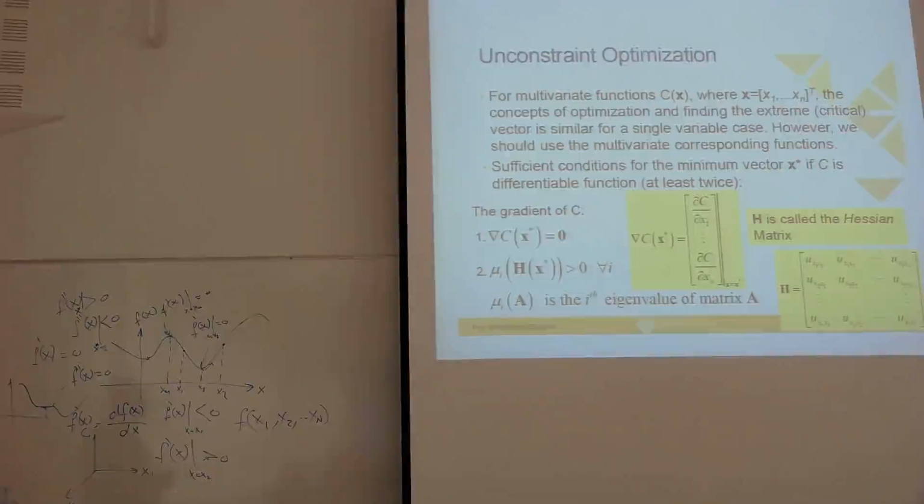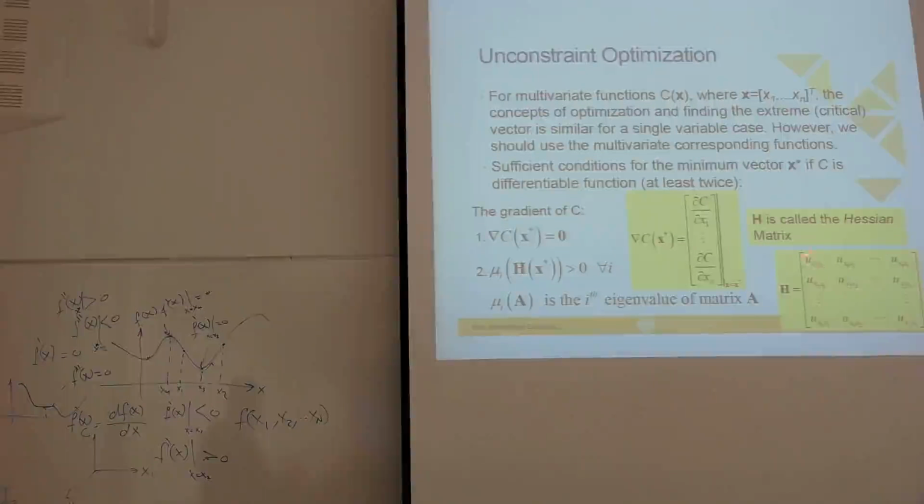To know if it is a minimum, we need to check if it is a minimum or maximum using what is known as the Hessian matrix. The Hessian matrix is the second derivative of the cost function with respect to every parameter. If the cost function is, we call it u for example, then we have the second derivative of u with x1 and x1, with x1 and x2, and with x1 up to xn.